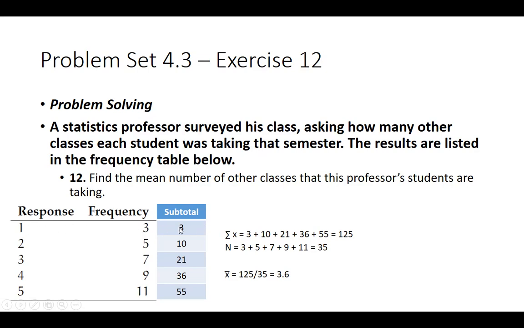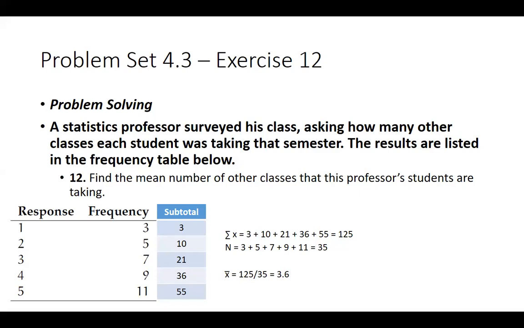So 1 times 3 is 3. 2 times 5 is 10. 3 times 7 is 21. 4 times 9 is 36. 5 times 11 is 55. If I add up the frequencies that were given, that will tell me how many responses there were.